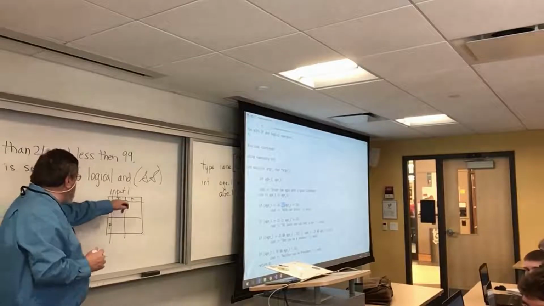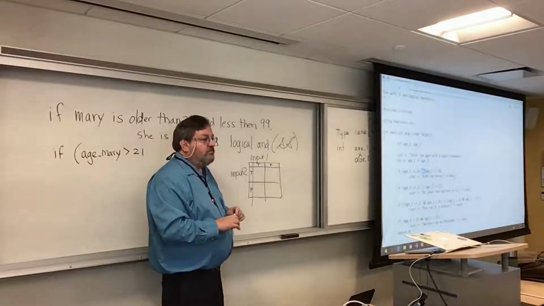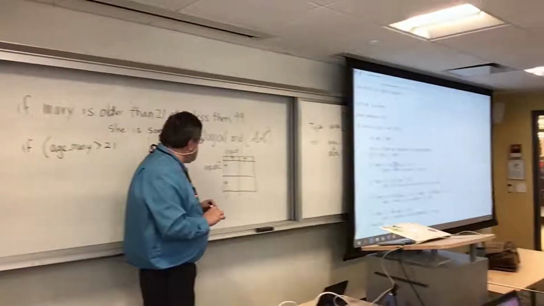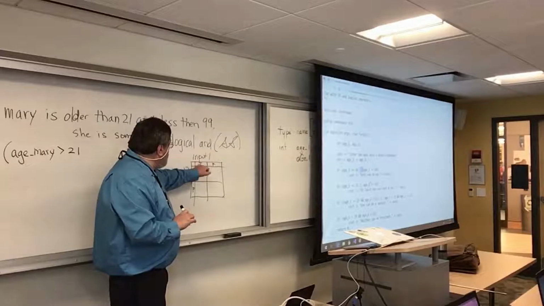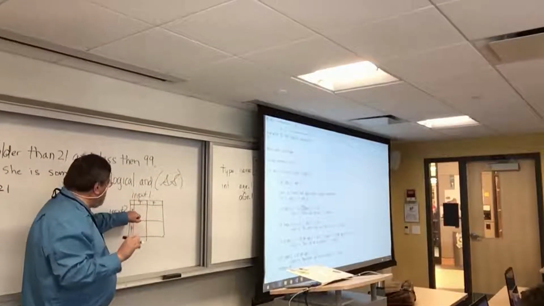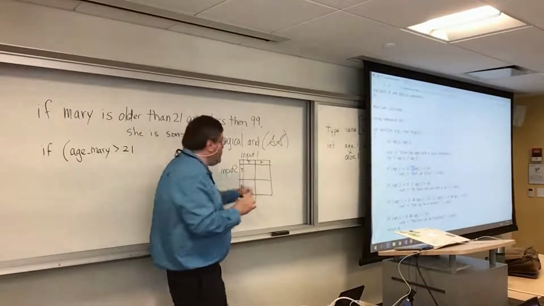So this table is called a truth table. If input 1 is true and input 2 is true, what is the result? True. Right.